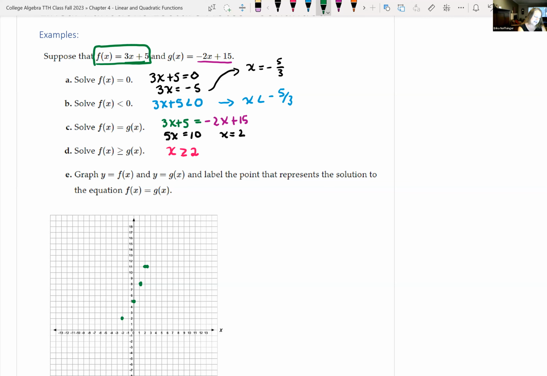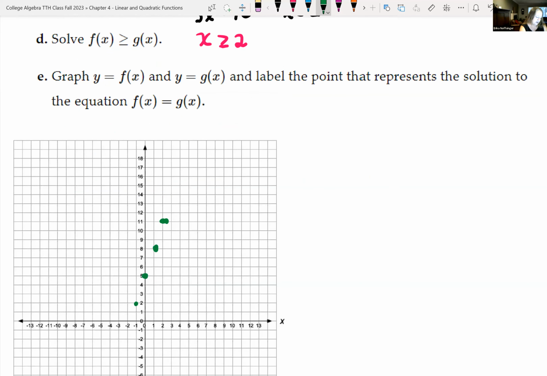We saw that our x-intercept was negative 5/3, so that's about negative 1.6, and something's off. I have plotted that last point wrong, so it should have been at negative 1, 2, but our x-intercept we saw was about negative 1.7.